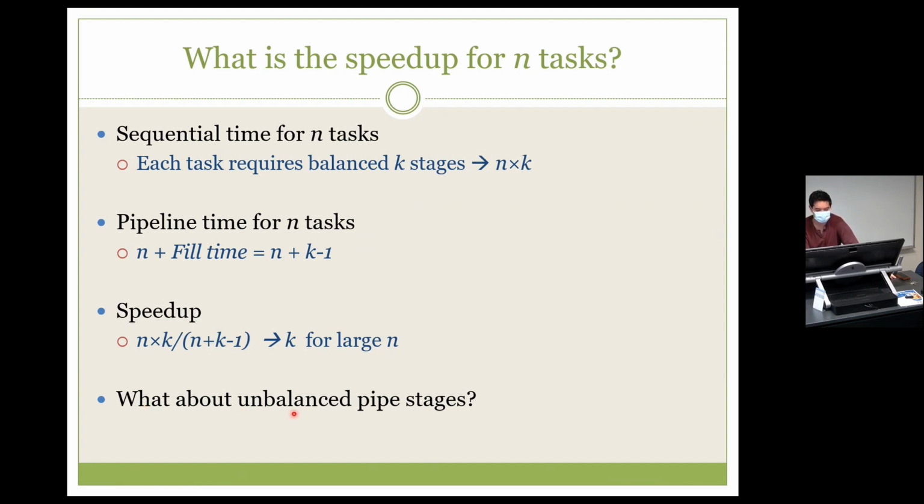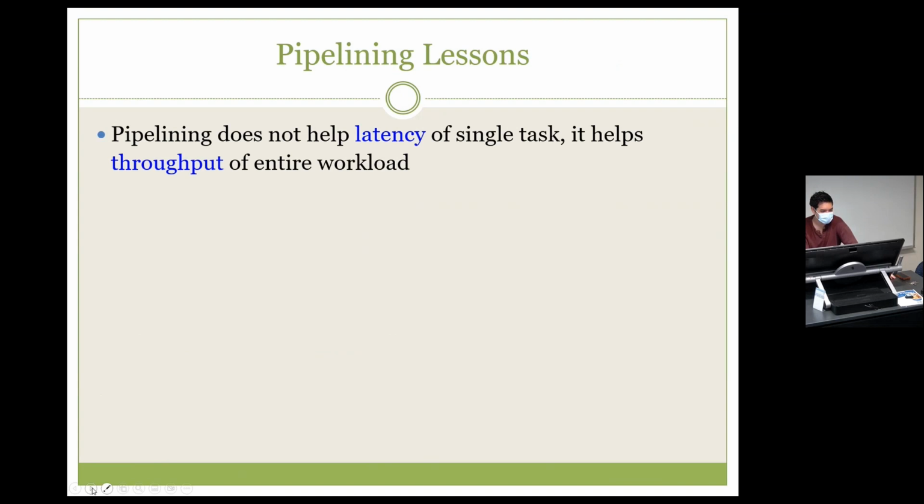Then we also have to think about what if our pipeline stages are not balanced? This isn't quite going to become a speedup of k. One thing to note is pipelining does not help the latency of a single task. It helps the throughput of the entire workload. So going back to the roller coasters, they're not making your coaster ride shorter.